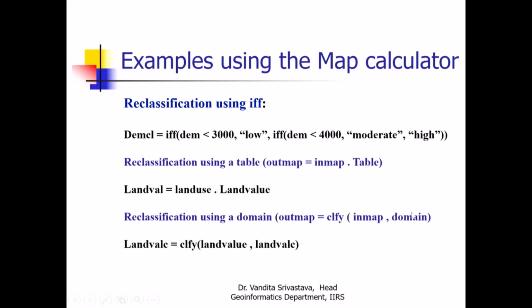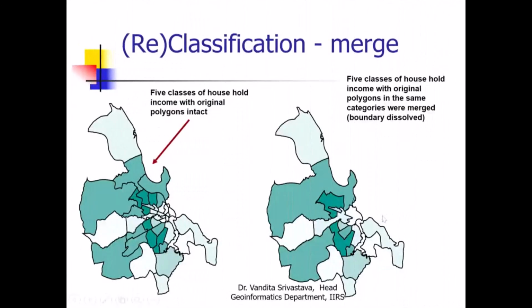That particular domain will be used to categorize. So this domain is nothing but the definition of the classes. Then there is a classify command. This is a command prompt version of the same command, using the classify button and then the classify command, and using the map name and the column name inside the map to get this output value. So various ways are there to make the classification.